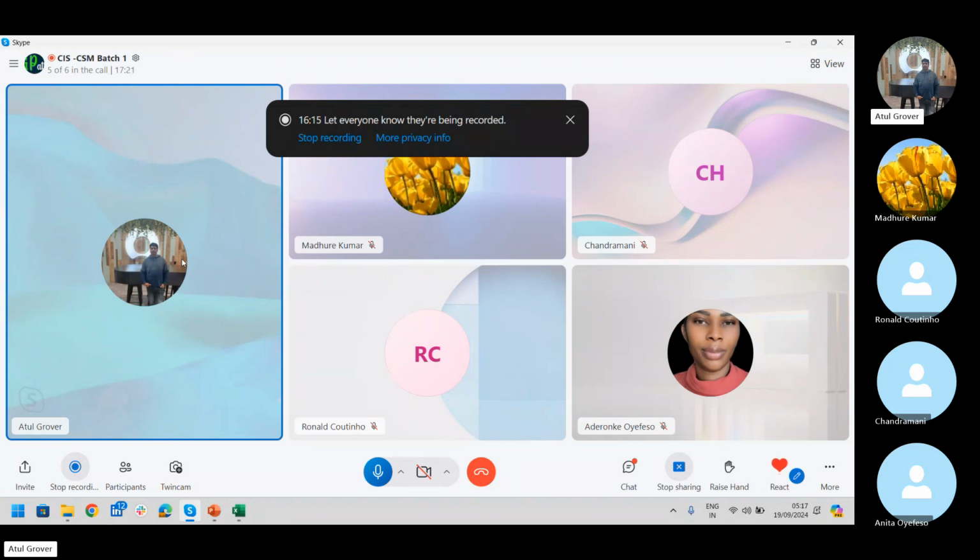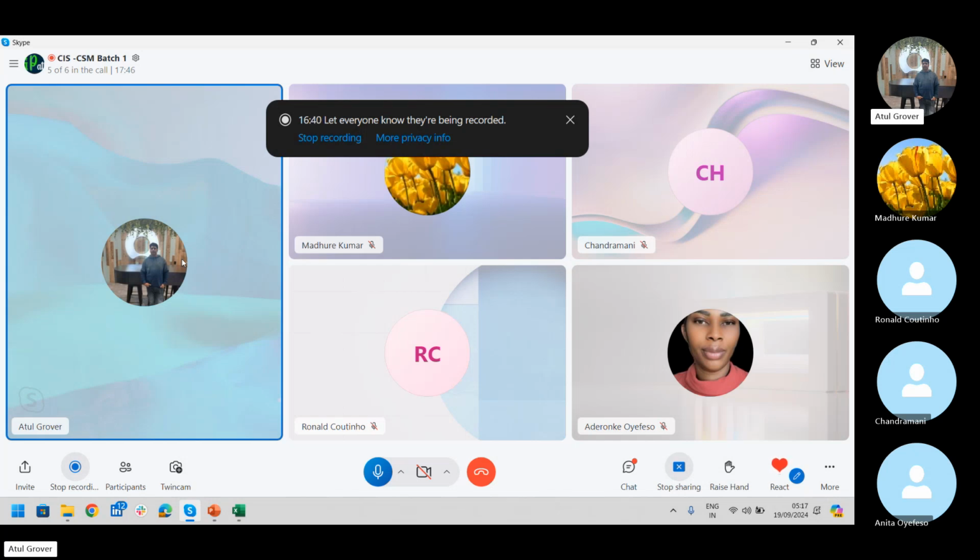That is important because it is said that the customer is king. It means if you want to make a customer happy, then it is important that we have a process in place which helps us manage all these things.